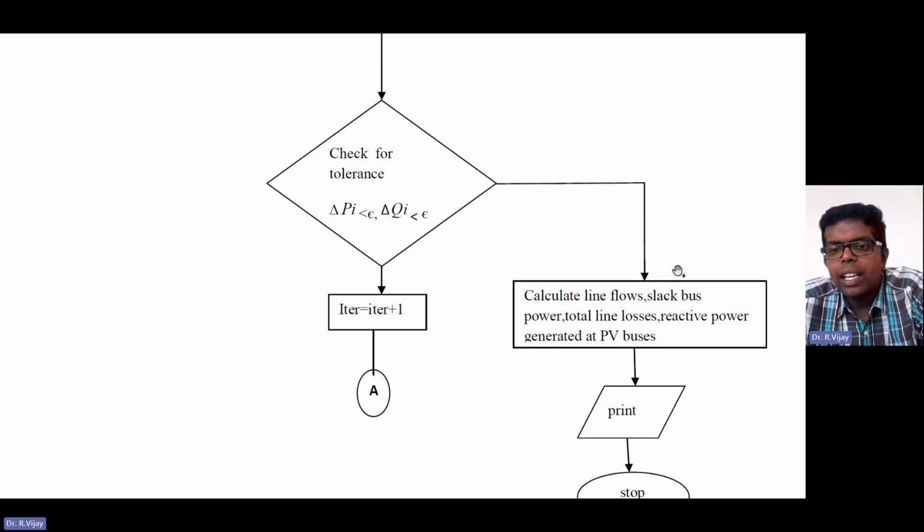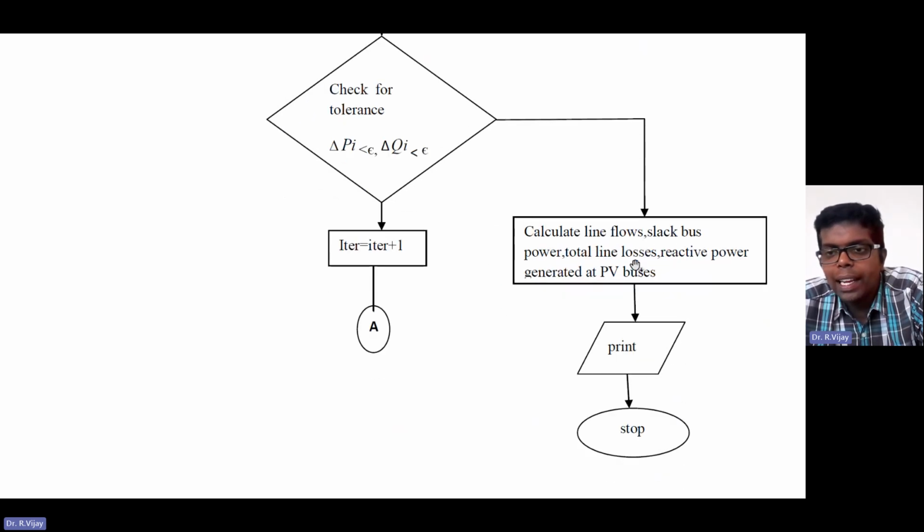Next step, if yes, you need to calculate the line flows and the slack bus power total. You need to display all these things: total line losses, reactive power generated at the buses. If no, again you need to iterate. You need to go for the second iteration.